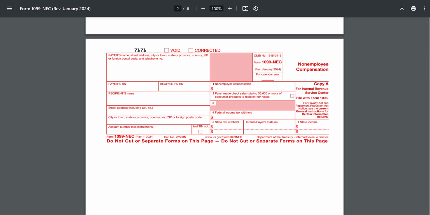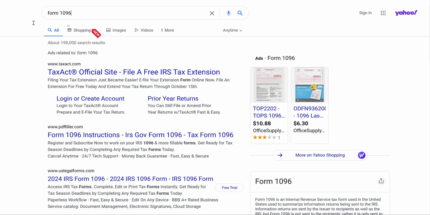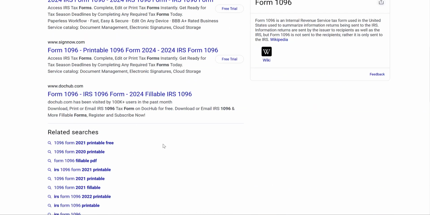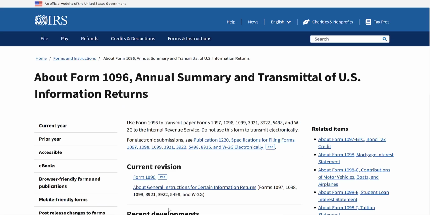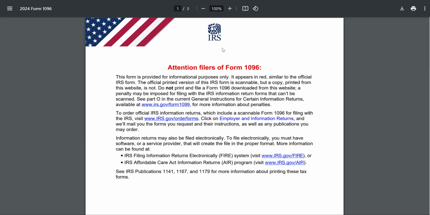Let me pull up Form 1096 for you. Okay, when you send in your 1099 NEC or 1099 miscellaneous, it has to be accompanied by Form 1096.